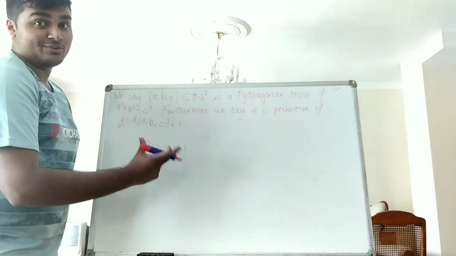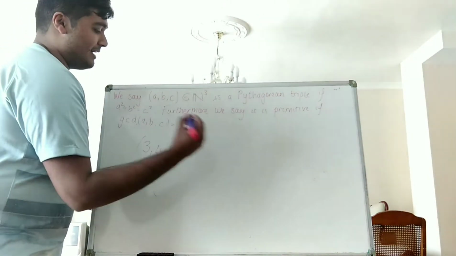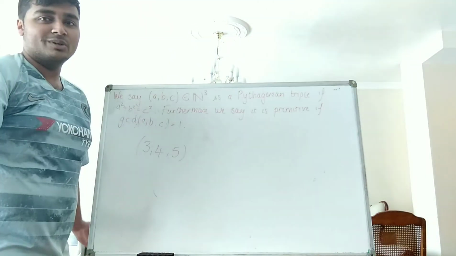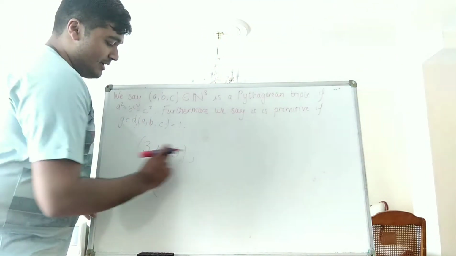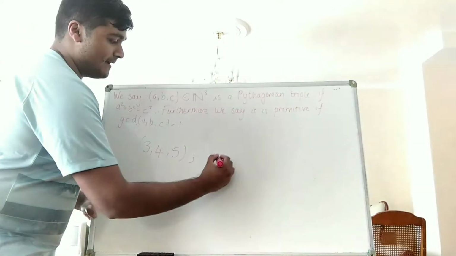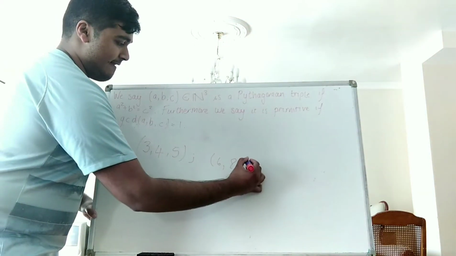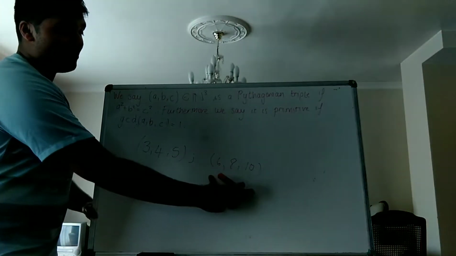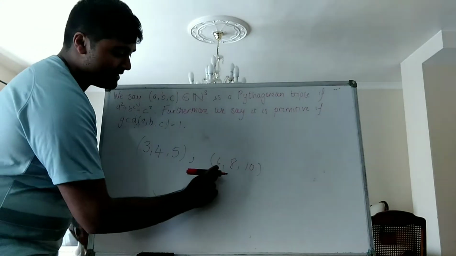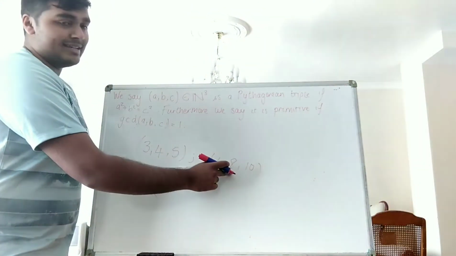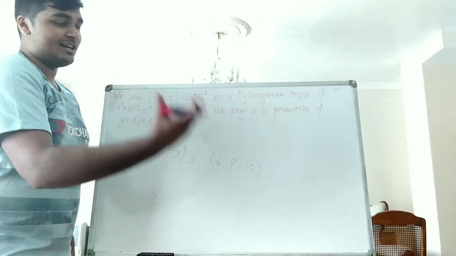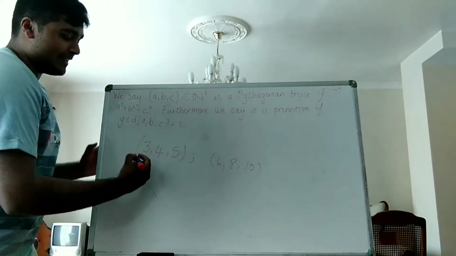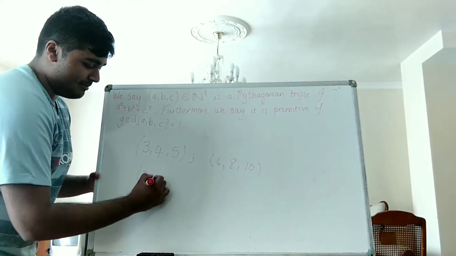Take 3, 4, 5, and then multiply each number by n, where n is any number you want. So for example, if I multiply by 2, I get 6, 8, 10, and that is also a Pythagorean triple, and we can check that 6 squared is 36, 8 squared is 64, 36 plus 64 is 100, which is 10 squared. And in fact, I can do this for any number.